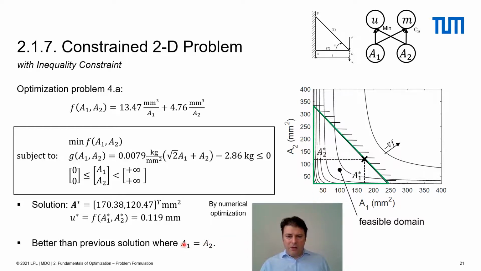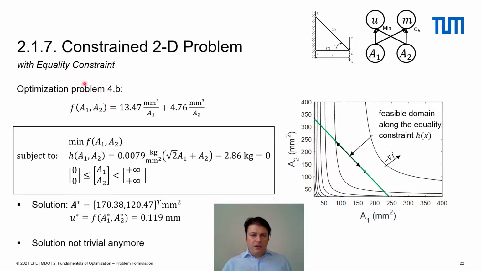So having A1 equal to A2, you can only move along this line here. Then your optimum will be here. And now we can readjust both design variables such that we can also move along this line, obtaining a better solution.